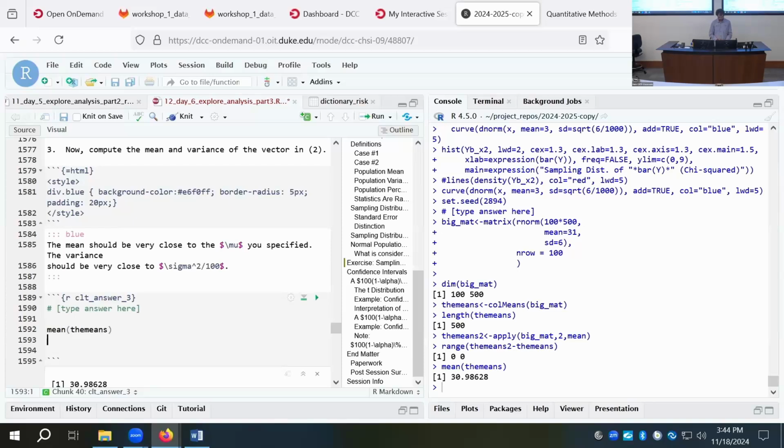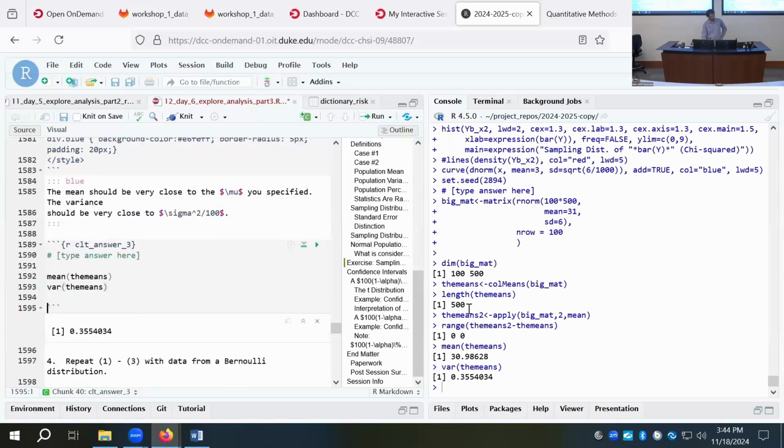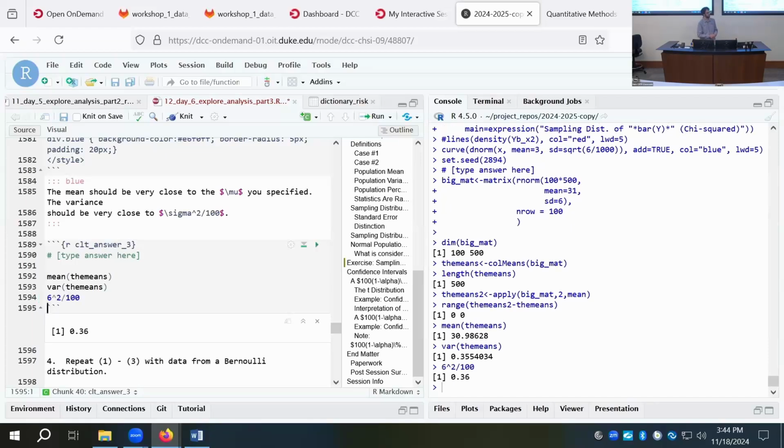Now we calculate the variance. That's 0.354034. Remember the standard deviation was 6, so this should be equal to 6 squared divided by 100. Pretty close, 0.36 versus 0.355, very much on the money.